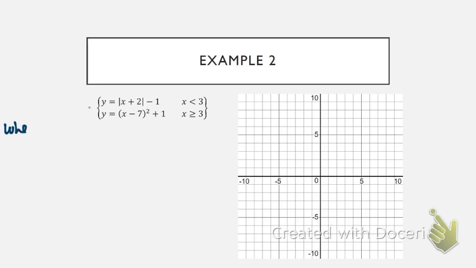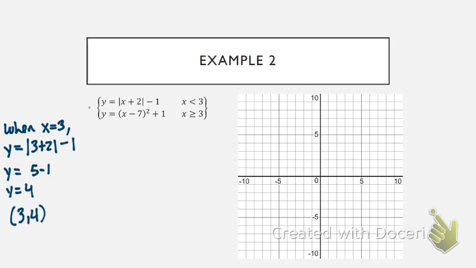So when x equals 3, y equals 5 minus 1. So I have the point (3, 4) on the graph. So when I plugged in 3, I got 4.